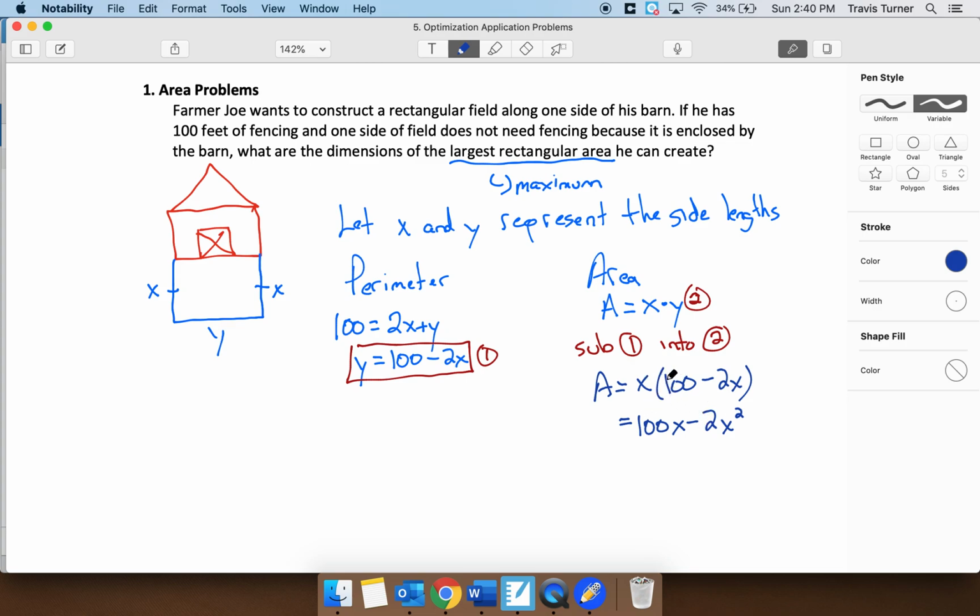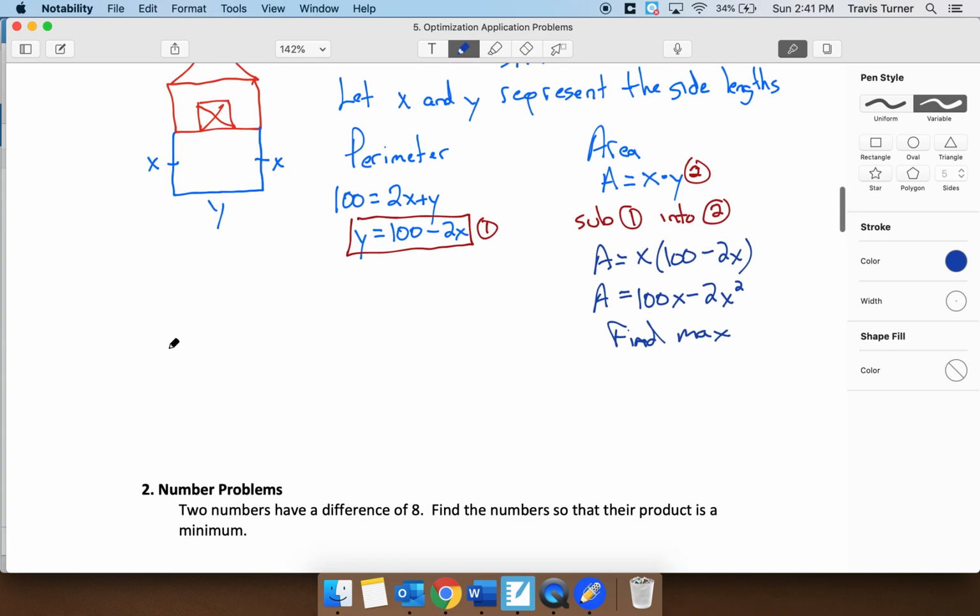So again, it wants the largest maximum area. So if I set this up, I want to find the max, or at least the x value of when that max occurs. So in order to do that, I need to find the axis of symmetry.